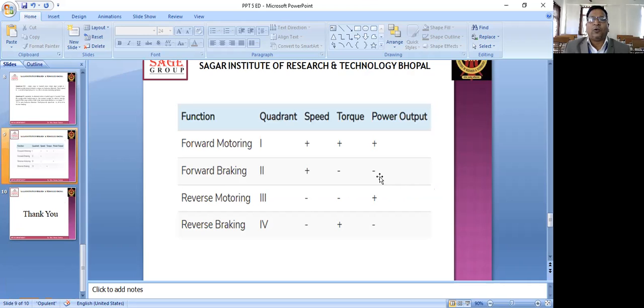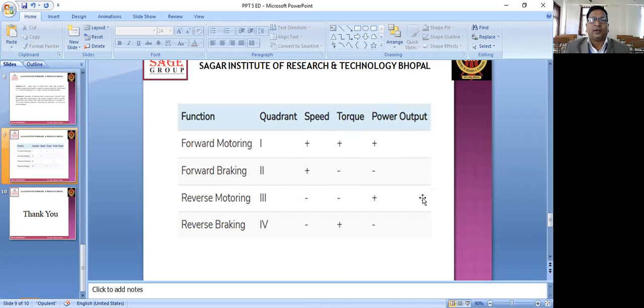This is the summary chart of all quadrants. In quadrant 1, speed is positive and torque is positive, so output power is positive. In forward braking, quadrant 2, speed is positive but torque is negative, so power is negative.